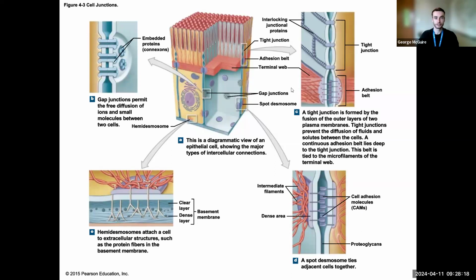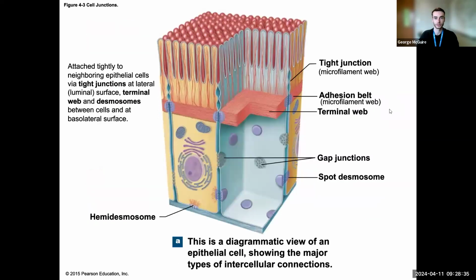And so we have lots of different, I don't want to say options because it's not like we pick and choose, but a lot of different variation in how these cells connect to each other. So with neighboring cells on our lateral surface and connecting to that basement membrane, holding it in place. So we'll take a look at all of them.